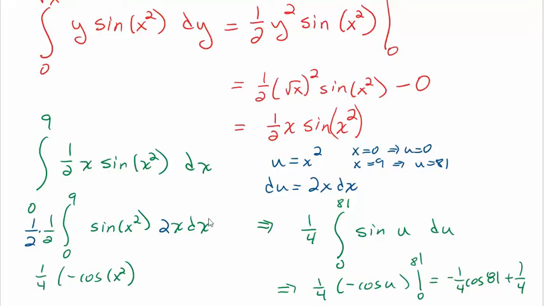That's your du part. And then do this from 0 to 9. So then I would have negative 1/4 cosine of 81 minus, put the 0 in there, you'd get 1, negative 1, negative 1/4, minus a negative, you get the same thing. Okay, so whatever you prefer. Just a little review of the u sub.